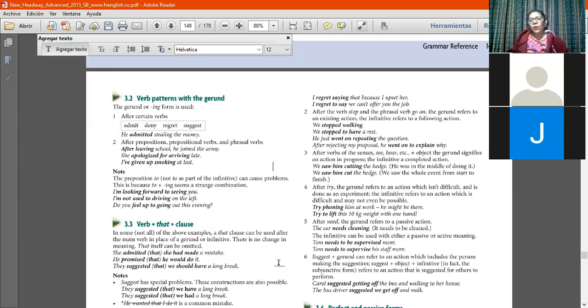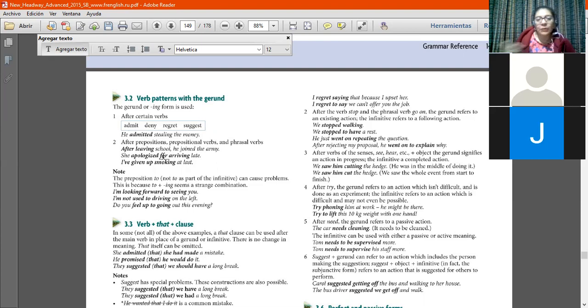The first thing that I want to focus on is the use of the gerund and gerundio, ing. There's a lot of confusion when we talk about this. It says here after certain verbs, we have admit, deny, that gerund or ing form is used. So after certain verbs, those verbs are admit, deny, regret, and suggest.